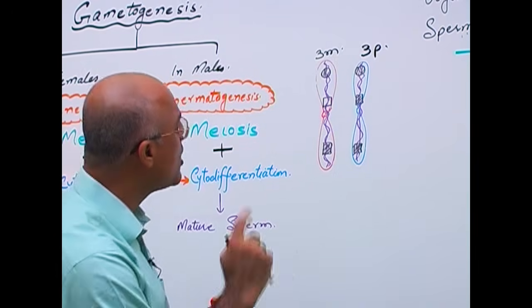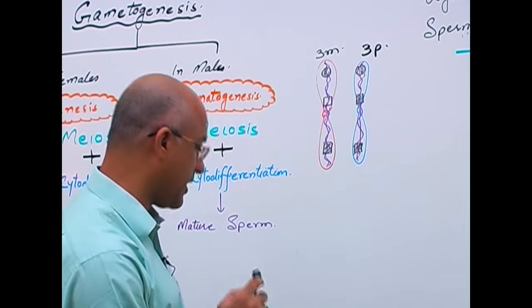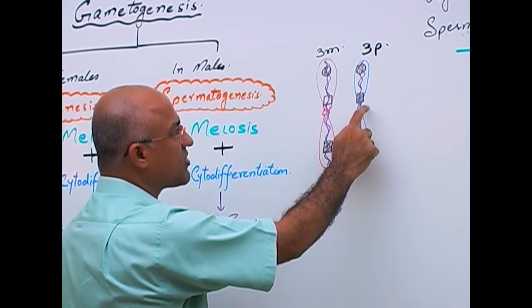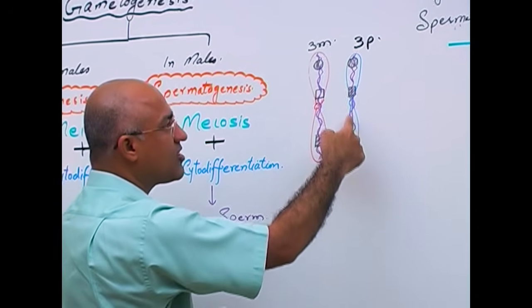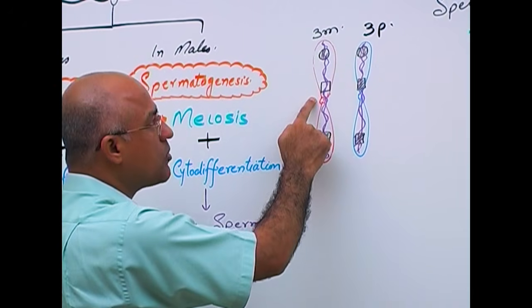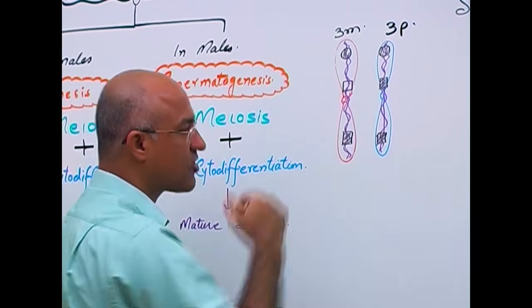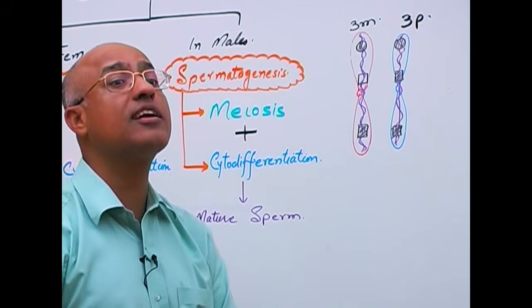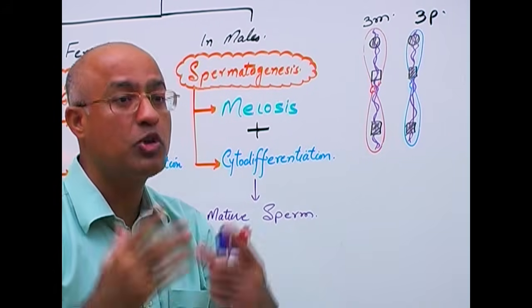No problem. Now, you must remember one more thing. These are the chromosomes, let us suppose chromosome number 3 paternal. This is called a single structured chromosome, right? This is also a maternal chromosome, but this is also single structured. When chromosomes replicate their DNA, chromosomes become duplicated.